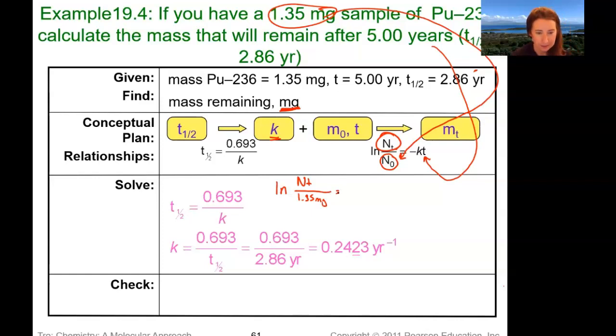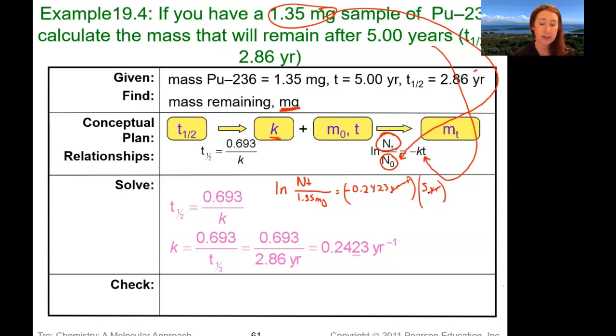That equals negative k, negative 0.2423 years to the -1, times our time, which is 5 years. So you can see years and years are going to cross off.